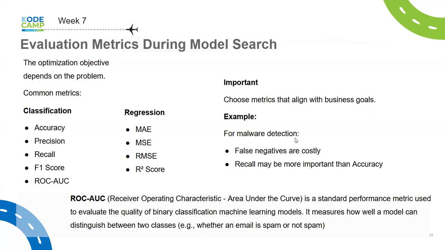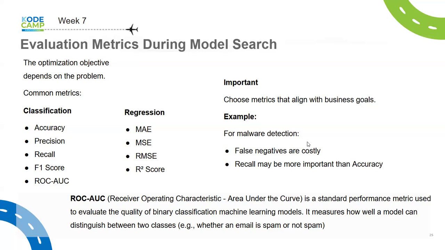Okay. If you are doing malware detection, for example, where false negatives are costly. A false negative is where it wrongly detected malware as not malware. It is malware, but it wrongly detected it as not malware. That's costly because effectively it's going to cause problems in your system. It's a loophole in your cybersecurity system.